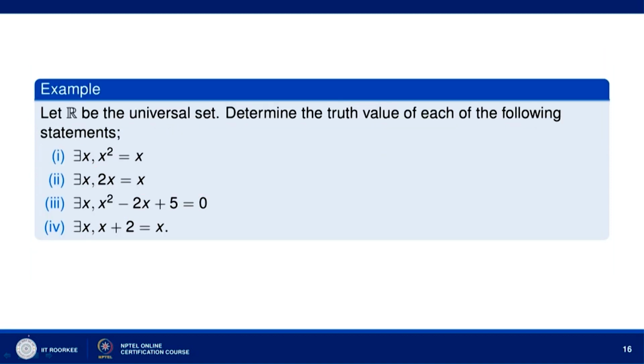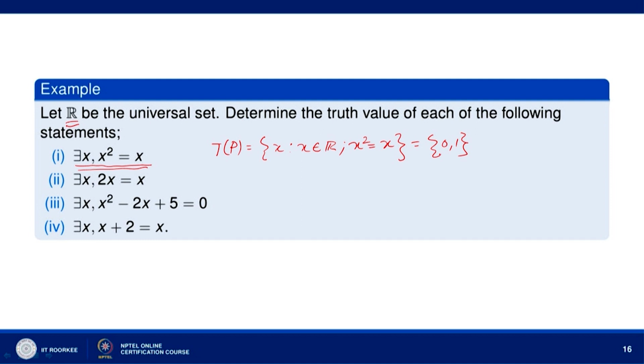So, let the set of real numbers R be the universal set. Then let us consider these statements. There exists x such that x square equals x. Here T p is the set of all x belonging to R such that x square equals x, which is equal to 0 and 1.